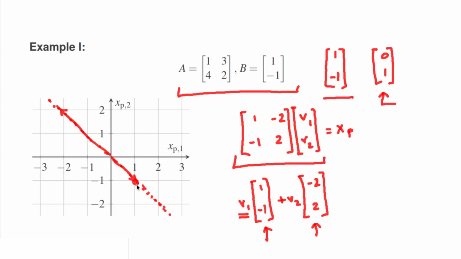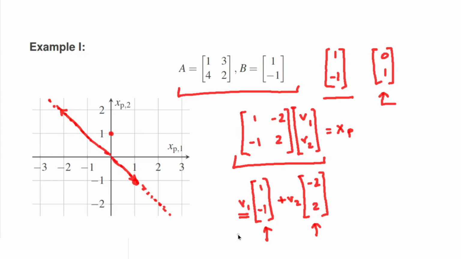And what we see is that it lies on this line. Therefore, we can find values of v1 and v2 such that Mv will equal this particular value of xp. It also explains why the point with coordinate 0, 1 was not reachable. The point with coordinate 0, 1 is here. This point does not lie on the line, and therefore there are no values of v1 and v2 which will cause us to reach this point.